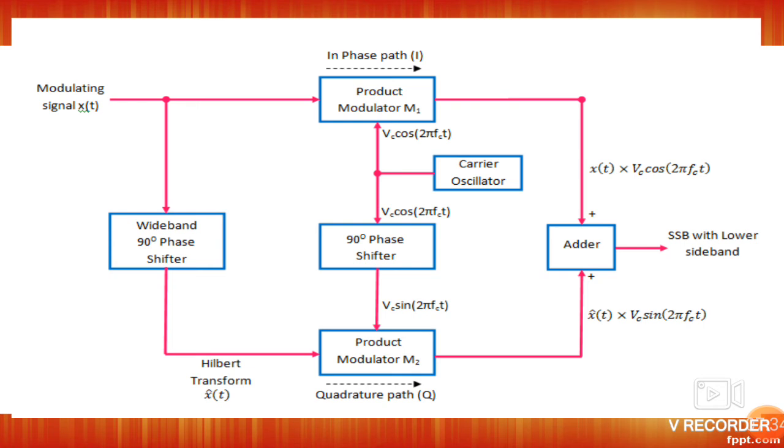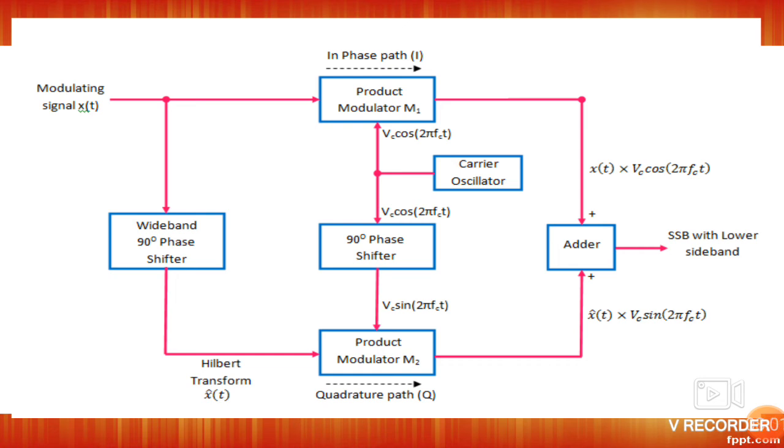The other input of product modulator 2 is the carrier signal, also given a 90-degree phase shift, and both are multiplied. The output of product modulator 2 is x cap of t multiplied with Vc sin 2 pi fct. A 90-degree phase shift of cos is sin, so it is Vc sin 2 pi fct.